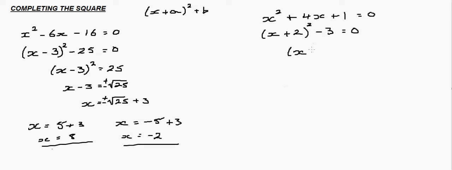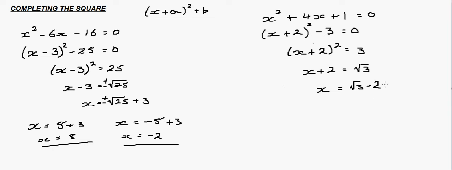So I have x plus 2 all squared equals 3. Now I root both sides, so I get x plus 2 equals the root of 3, and then I move my number over, so I get x equals root 3 minus 2.